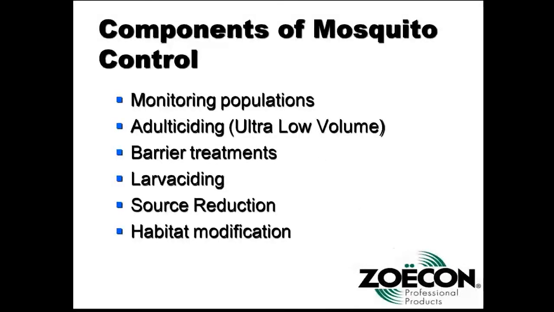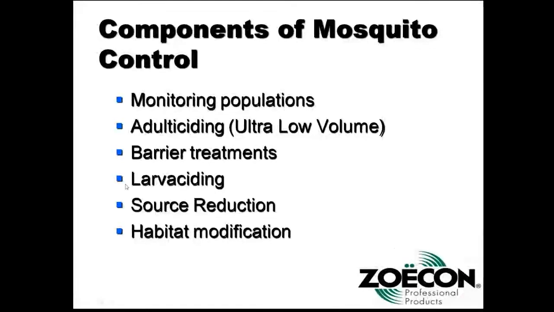So, to do mosquito control, anyone can do it. You're looking at monitoring populations, adulticiding, ultra low volume. A lot of times this is what you see your city and county and district programs using if you have local mosquito control. Barrier treatments, it's pretty much applying a pesticide to areas where they're more likely to rest.